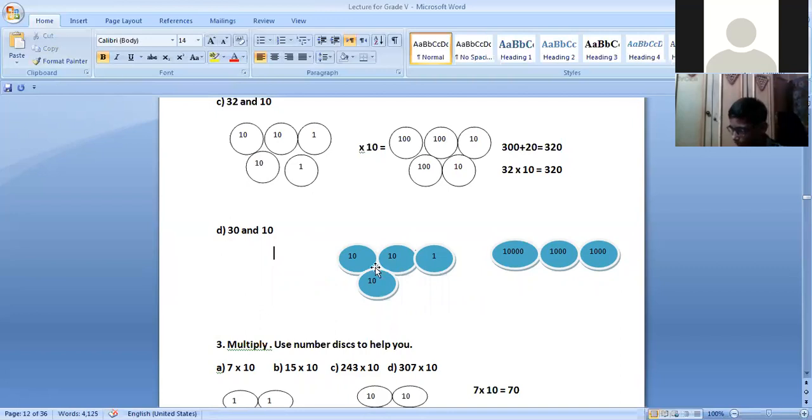Now it becomes, there are 3 discs of 10, and 0 discs on the unit place. यहाँ पर 0 disc है unit place की. Okay Zan, यहाँ पर 0 disc है unit place की, so we will not write 0.